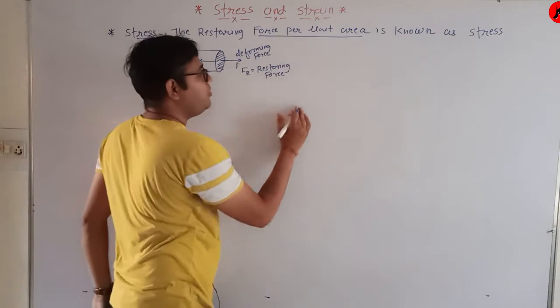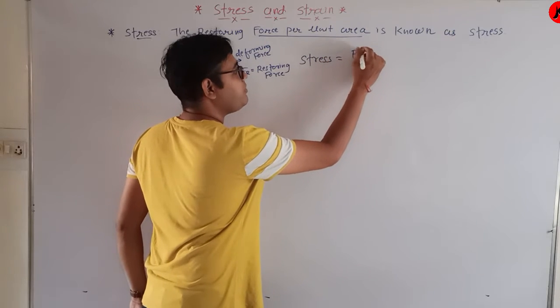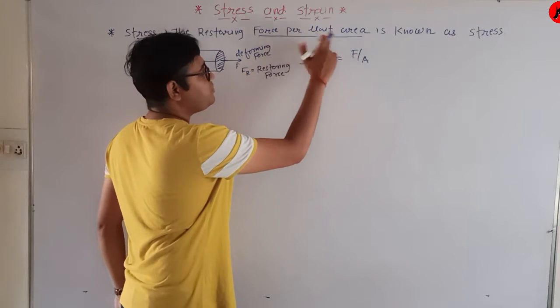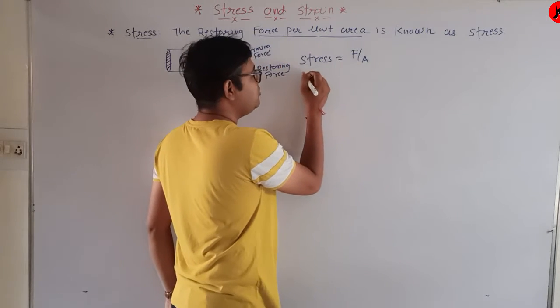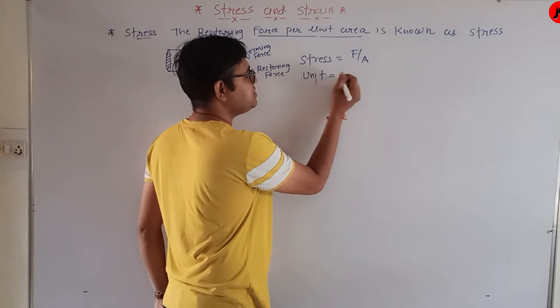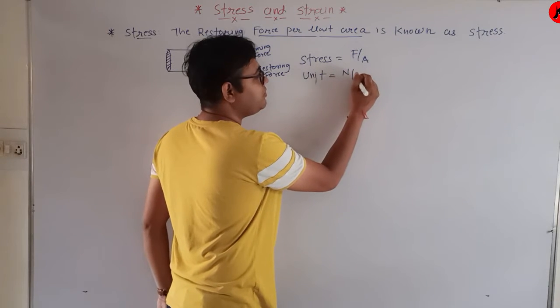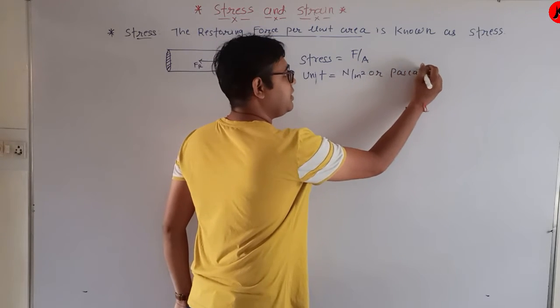Now what is the equation for stress? Stress is equal to F by A, force per unit area, and from this equation we can write the unit of stress is Newton per meter square or Pascal, right?